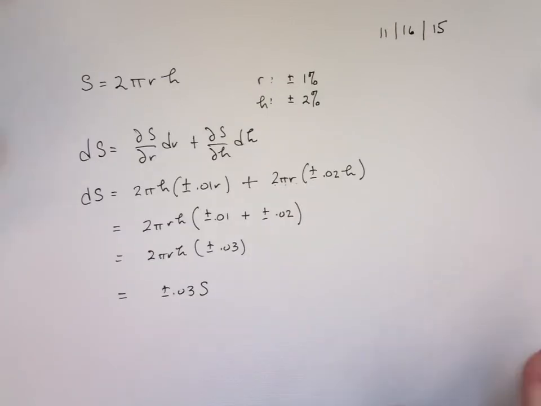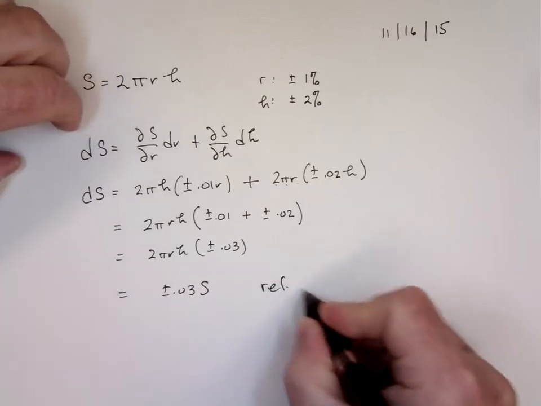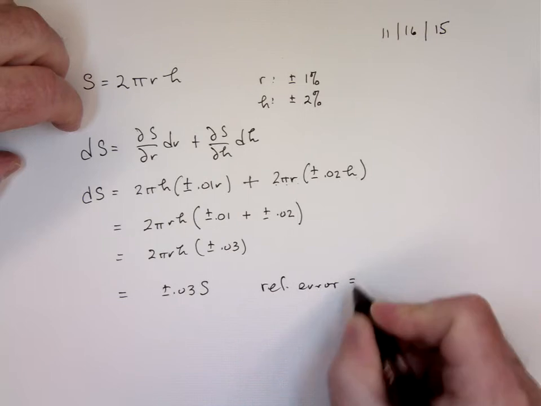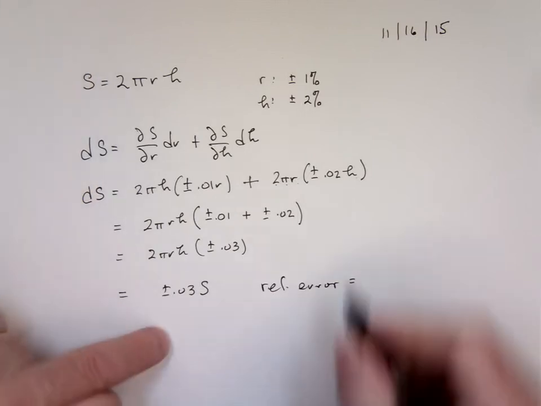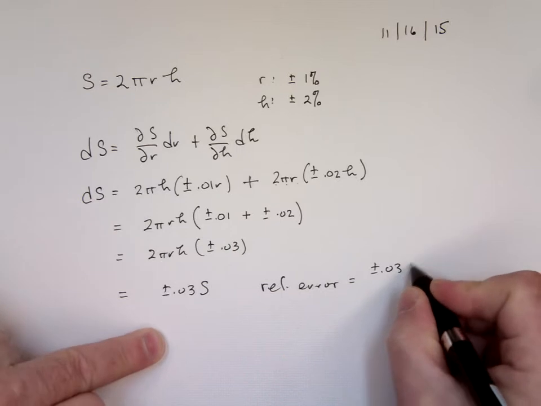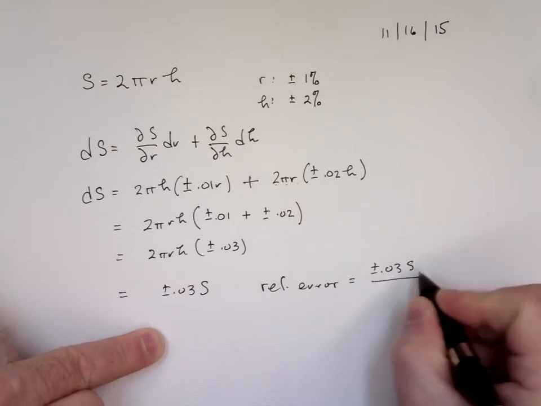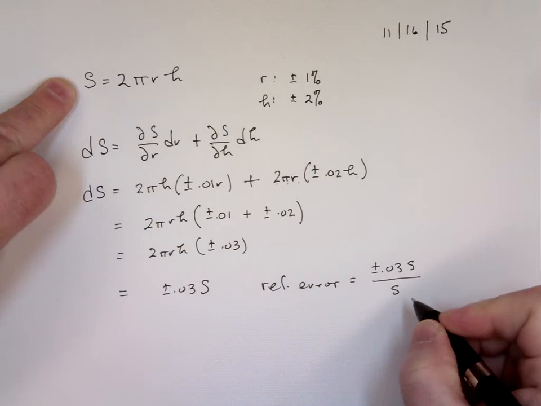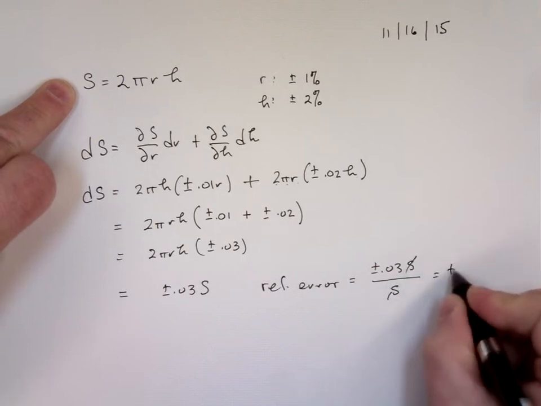So here's what we have. The relative error is equal to plus or minus 0.03 S divided by S, which gives plus or minus 0.03.